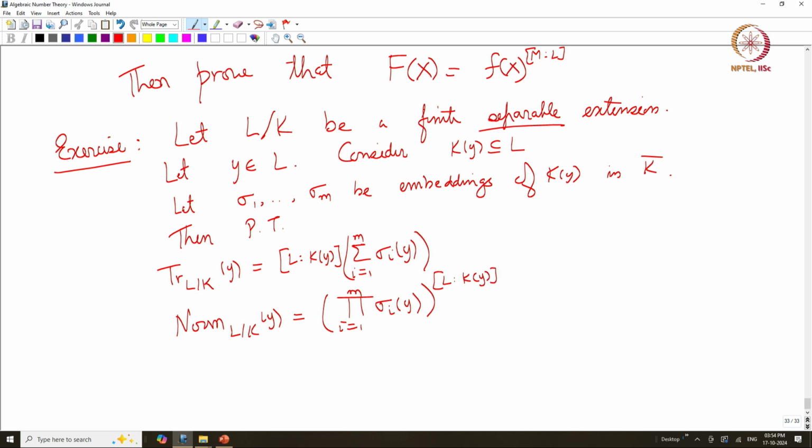So, again this exercise we are not going to directly use anyway, it is just about embeddings. So, norm is a product of some sort, right. Originally we defined norm as a determinant, but here it is a product of some sort, and that is going to be useful for us.